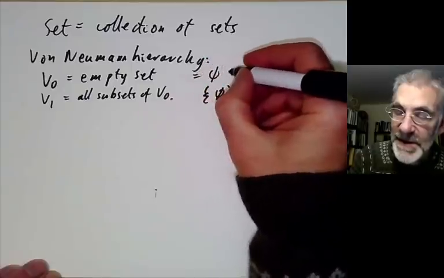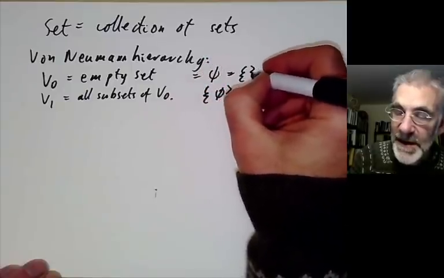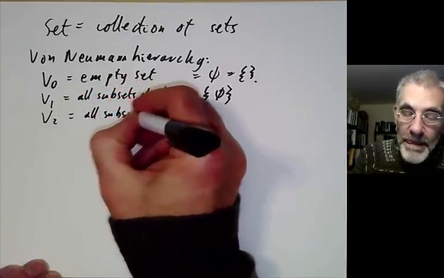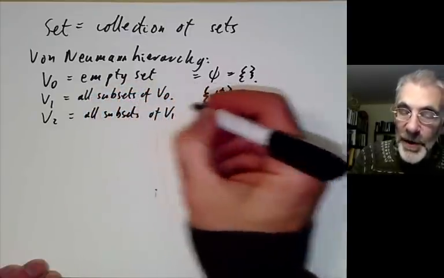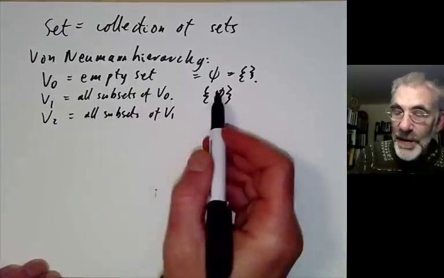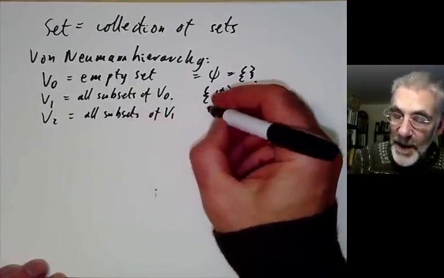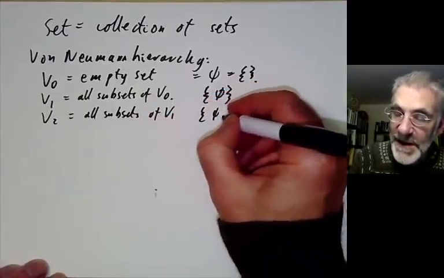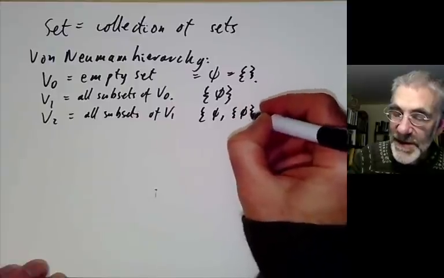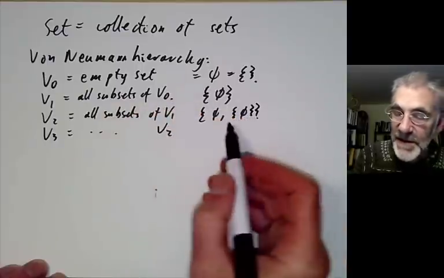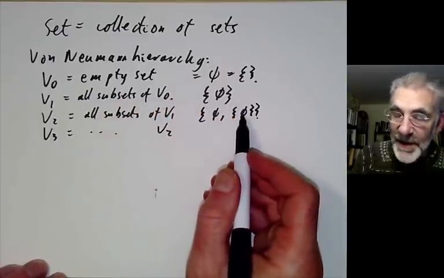And V2 is going to be all subsets of V1. So V1 has one element, so V2 has two elements, which are the empty set and the set just containing the empty set.